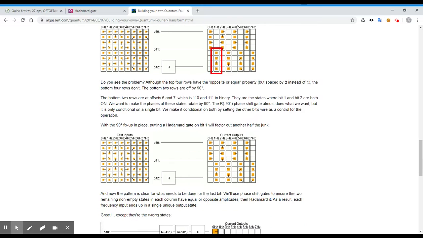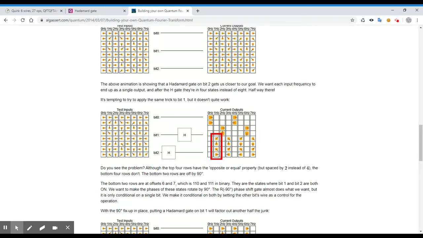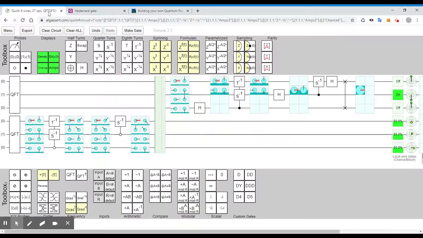One of the things I realized here is that the essence of the Hadamard is that the algorithm is using it to detect and compress patterns, right? Forget about the bottom one.